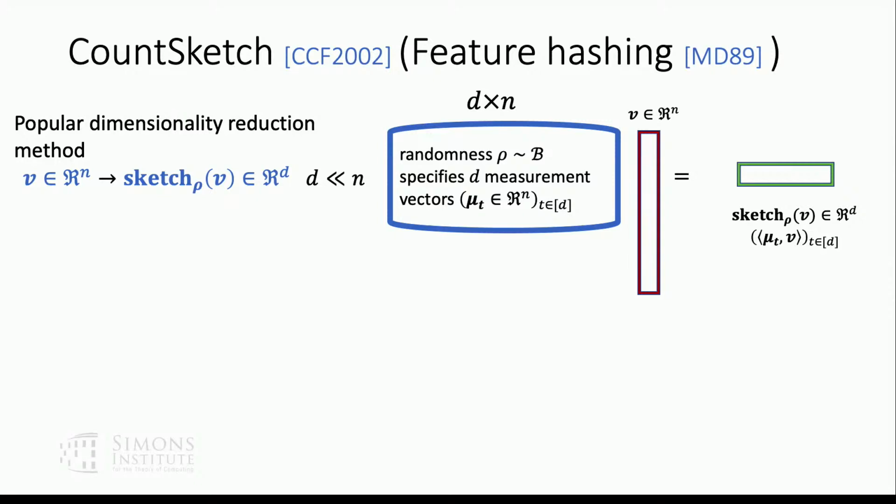The input vectors are of size n, the output vectors are of size d, and basically you just take d inner products of the input vector with the other vectors, and that's your sketch.